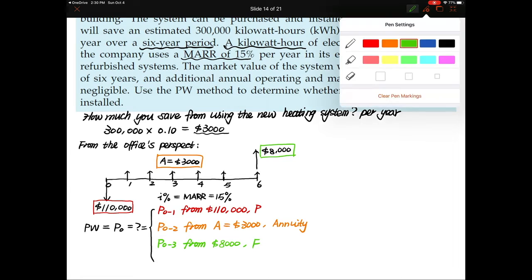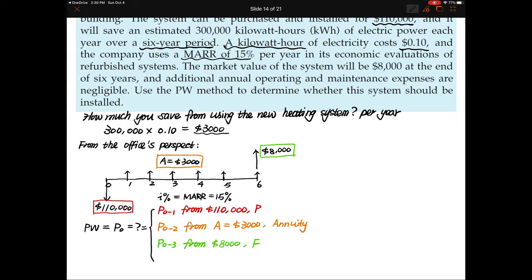Okay, and next you just want to convert these three parts back to the present. So P01 already happened at the beginning, so you don't have to convert anything. So the amount stays the same, but it is a negative amount. Again, the negative doesn't mean it's lower than 0. It means it's an expenditure.